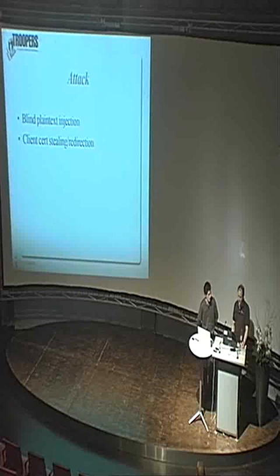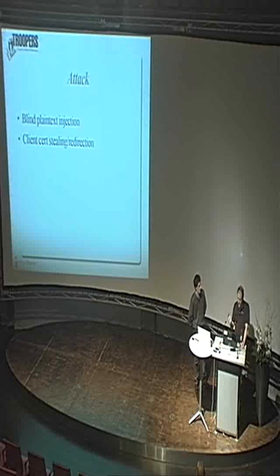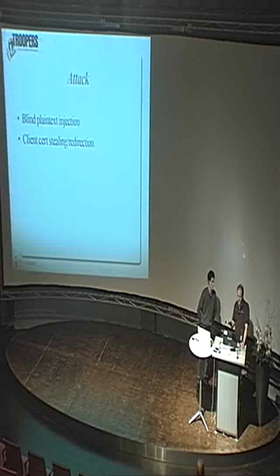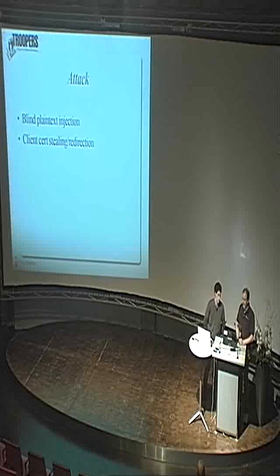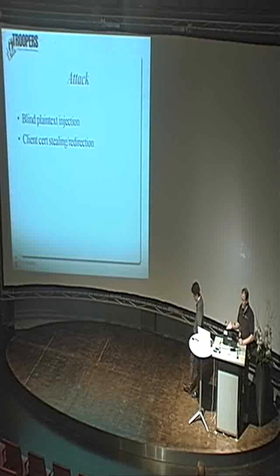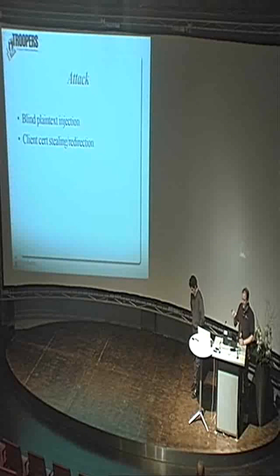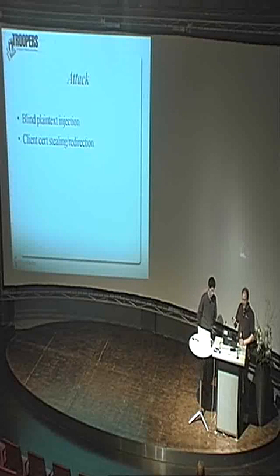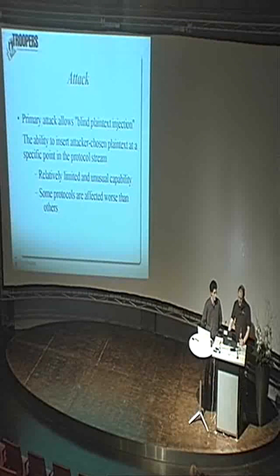So the basic attack I came up with, there are two basic attacks. There's the blind plaintext injection. We showed that packet capture. And then there's client cert stealing, so that a man in the middle can, if a client has client certs configured, and the web browser may be configured to send these automatically if you just check the "Don't Bug Me Anymore" box, take the client cert authentication and forward it to any server that he wants.